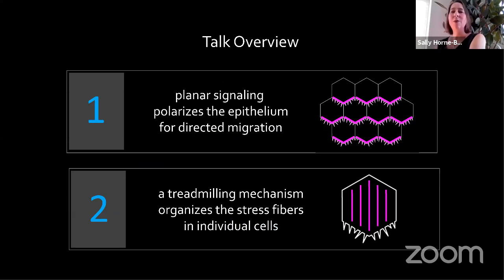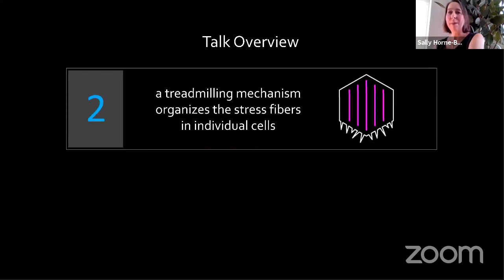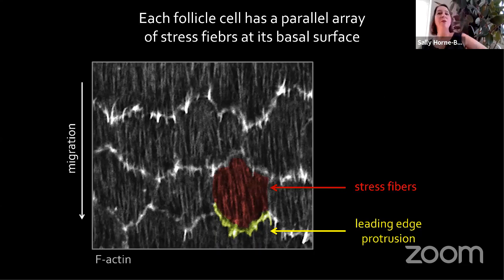Okay, so now we're going to switch gears and focus on how stress fibers are organized within individual cells in the tissue. For those of you who've been paying attention, as I've been showing you these phalloidin stains of the basal surface, you may have noticed that in addition to having a leading edge protrusion, each one of these follicle cells also has a beautiful parallel array of stress fibers at its basal surface.